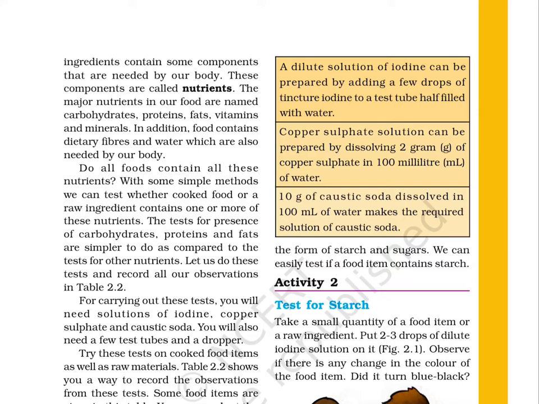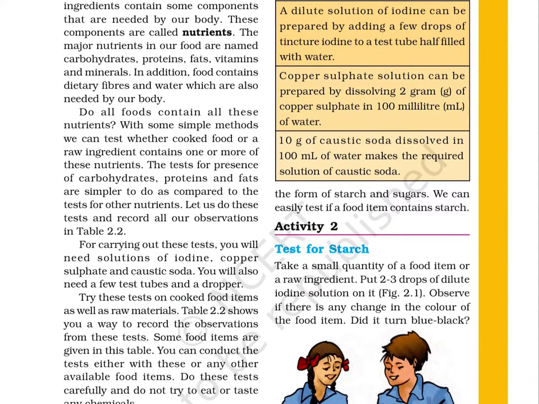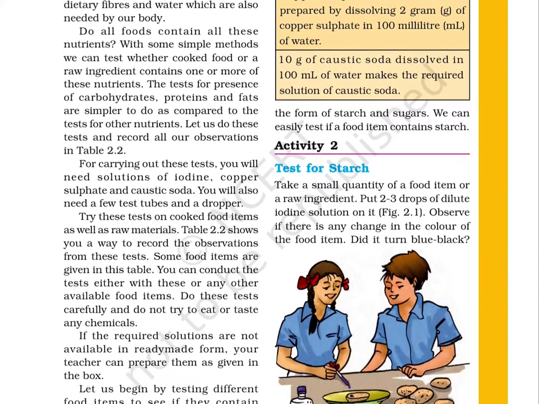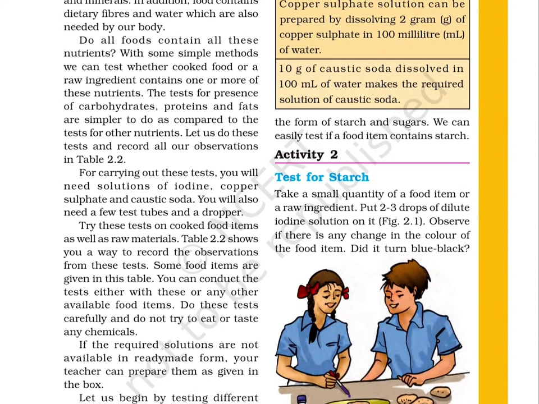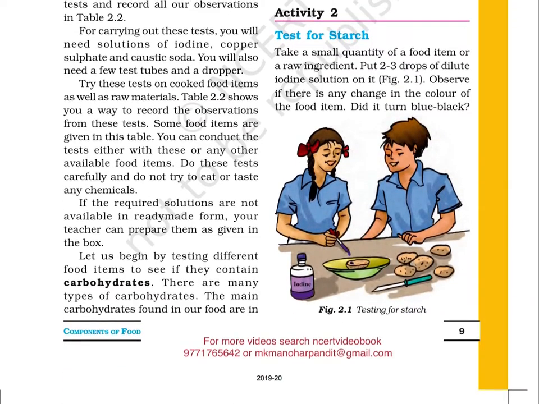For carrying out these tests, you will need solutions of iodine, copper sulfate and caustic soda. You will also need a few test tubes and a dropper. Try these tests on cooked food items as well as raw materials. Table 2.2 shows you a way to record the observations from these tests.